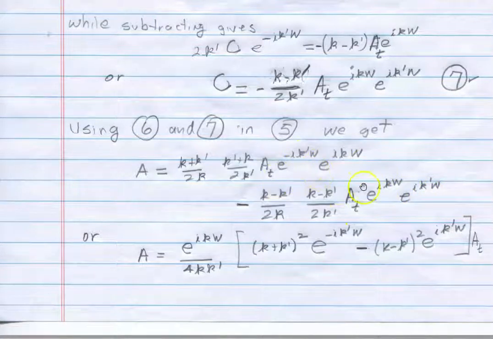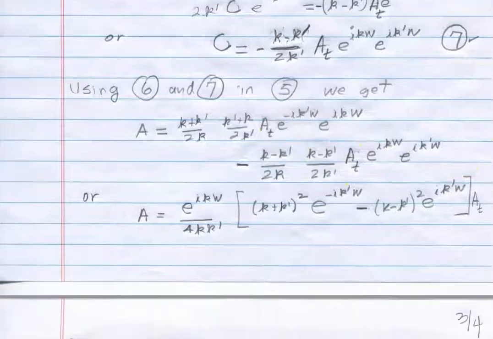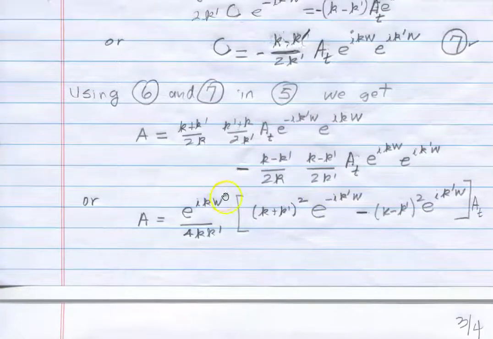And then I can factor out some common terms. Pretty obviously, if you look at this, I've got a 4k, I've got 2 times 2 k prime in both terms, so I'll factor out that 4k k prime. I've got an e to the i k w in both terms, so I'll factor that out. I've got an a t, which I factored out this way.